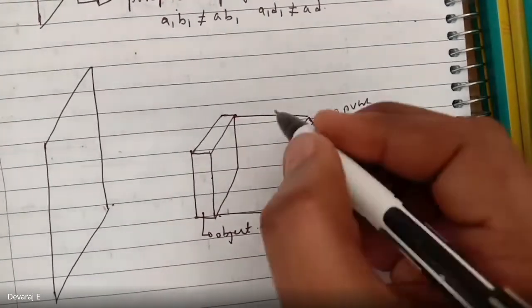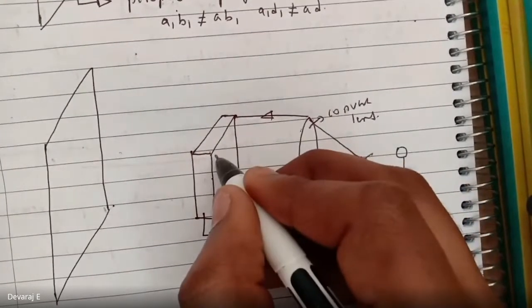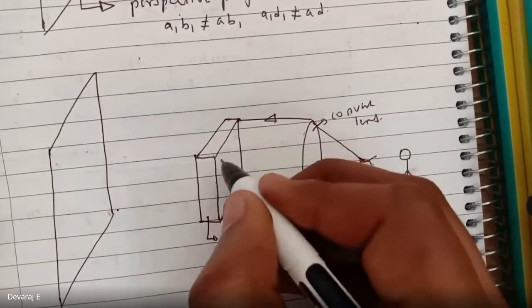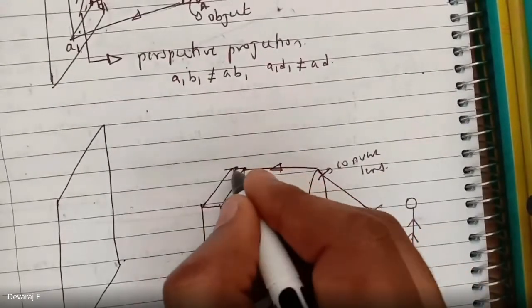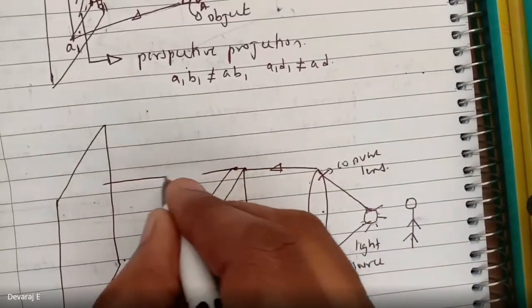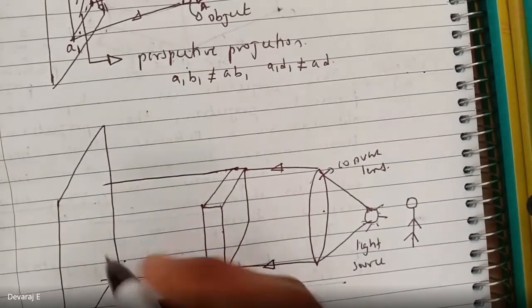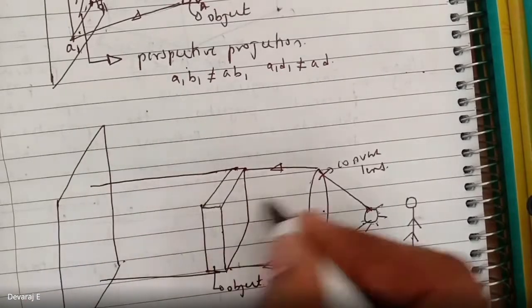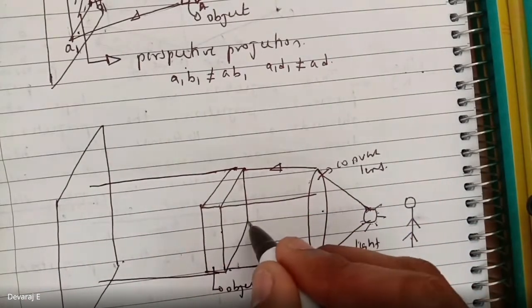Then the rays will move straight. You can see here, the projectors will move straight like this, everywhere. First it will follow the straight path.